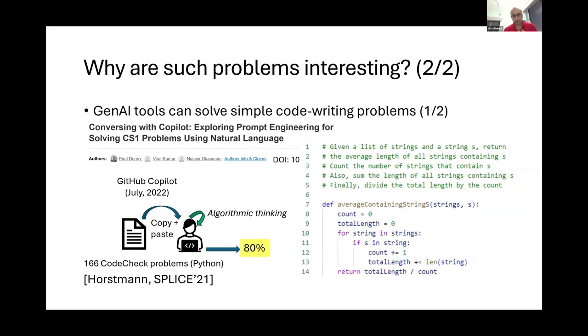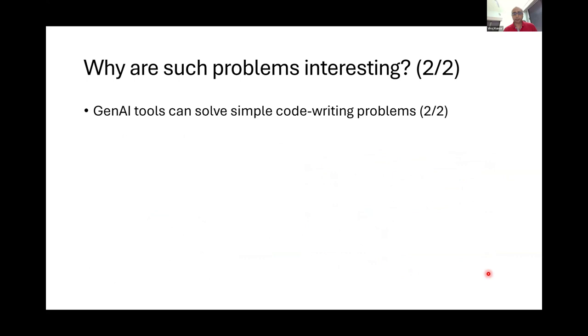Now, this particular data set has been out there for a very long time. A reasonable concern is that the reason we're seeing very high scores on such problems is maybe because these generative AI tools have simply ingested all this as part of their training data, and they're just mugging up and reproducing. So maybe this is not such a problem as much as I'm making it out to be. But we can counter that particular argument.